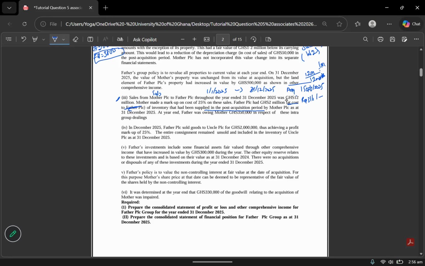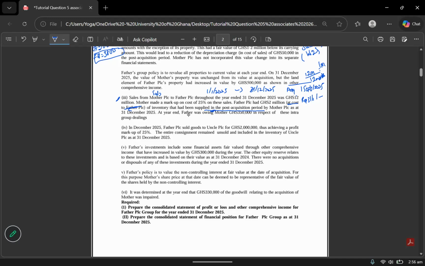So the 2 million is not out of the whole year, but within the post-acquisition period, as at 31st December 2025.